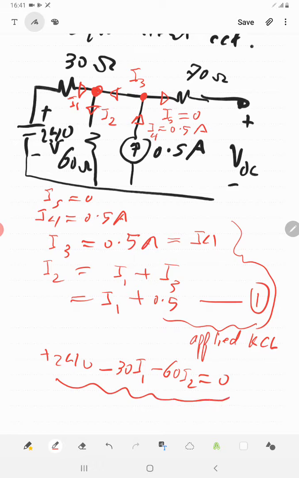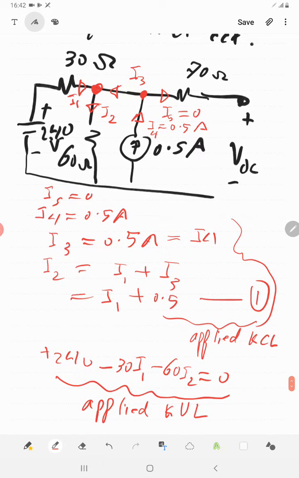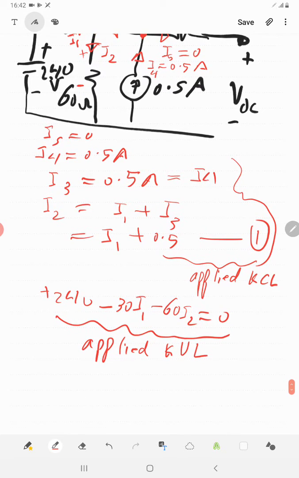What we did here, we applied KVL, right? So the sum of all voltages equals 0. 240, and here plus minus in the opposite direction, so equal to 0. This is equation 2.